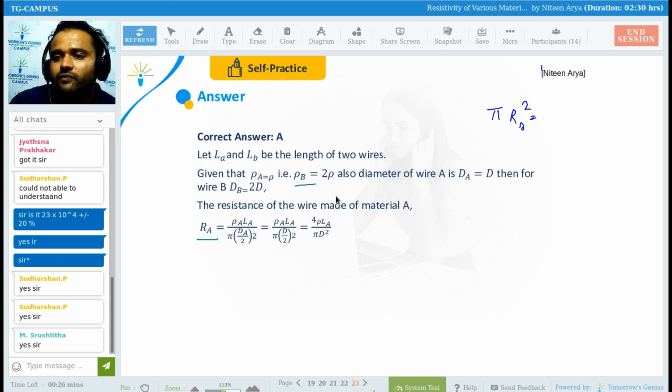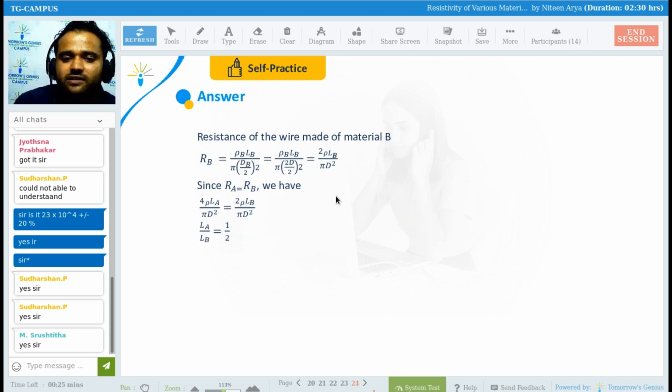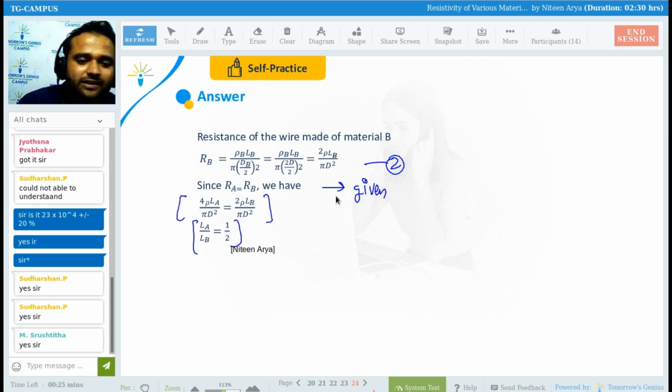Pi RA square in general, where RA is dA upon 2. This is your area. If you put that, you get equation number 1. Similarly, you get equation number 2. As we know from equations 1 and 2, RA and RB are equal, so making them equal gives LA by LB. That is how you need to do it.